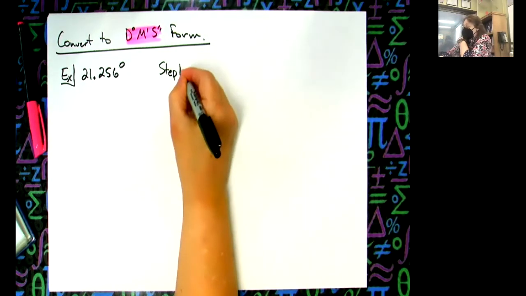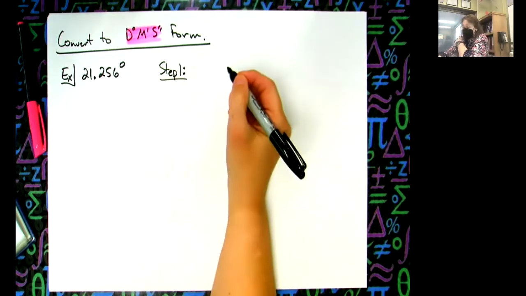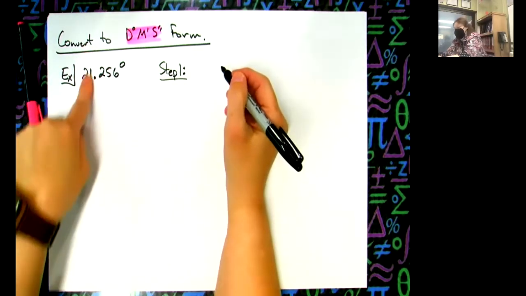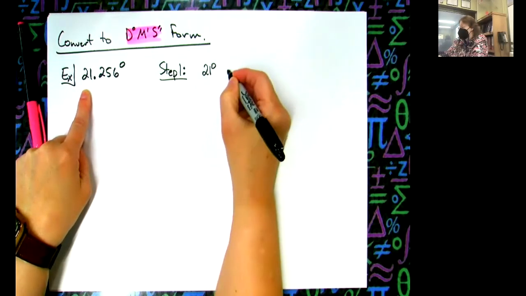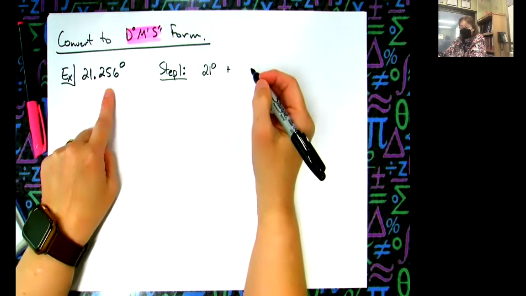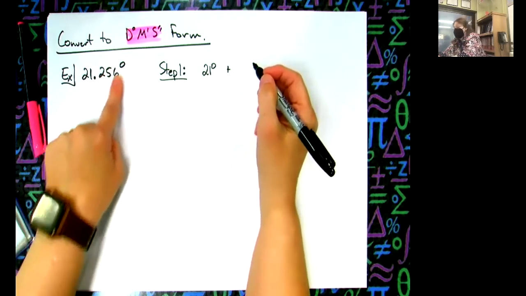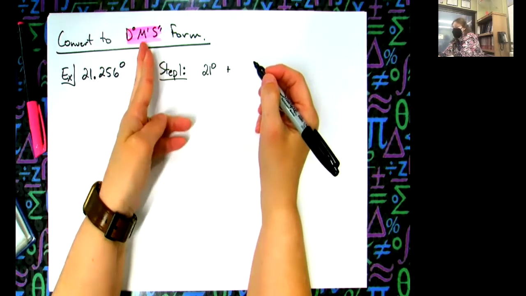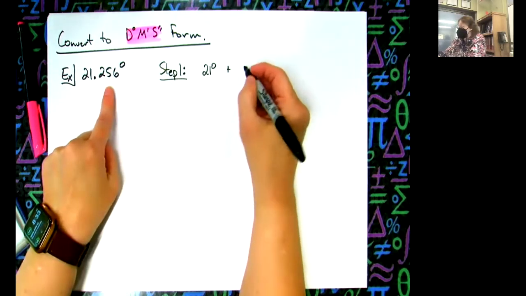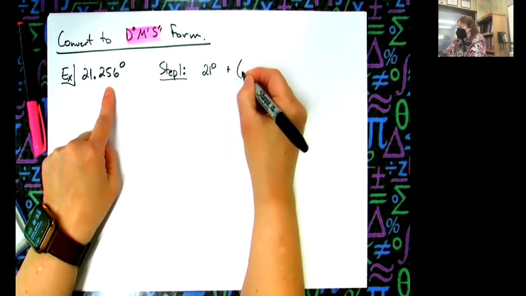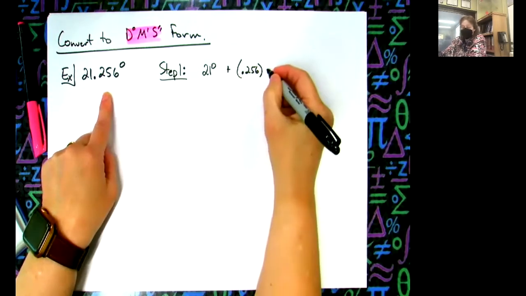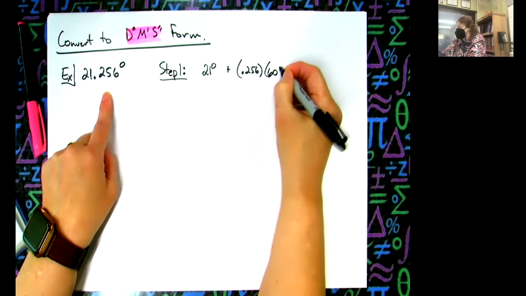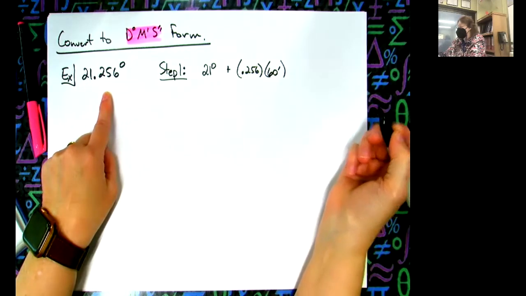All right, so step 1, I know that this is 21 whole degrees. So that's 21 degrees. And I've got to figure out how many minutes this is, because I'm going to do minutes and then I'm going to do seconds. So I'm going to take that 0.256, that decimal right there, and multiply it by 60 minutes.